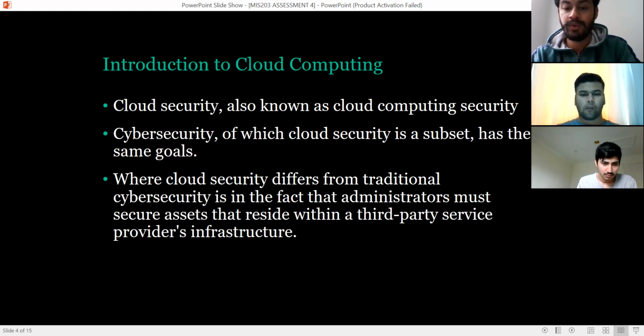For those of you who tend to use one of the world's leading cloud providers, Google Cloud, Microsoft Azure, or Amazon Web Services, cloud security is, as we touched on, less about setting up a secure cloud and more about using it securely.